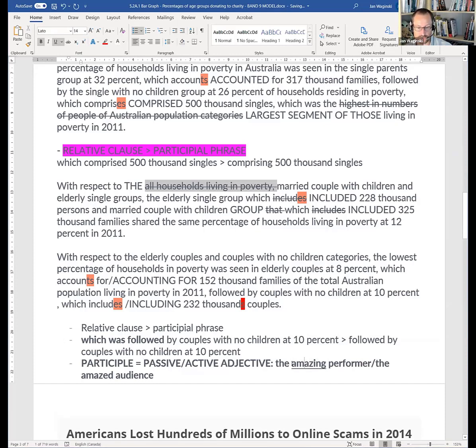This is an adjective. And the amazed audience, this is also an adjective, but it's a passive adjective. Not every adjective has a passive and active version. Like if you say, I have a big dog, there's no active and passive version of big. But adjectives that are based on verbs, for example, very often have an active and a passive.